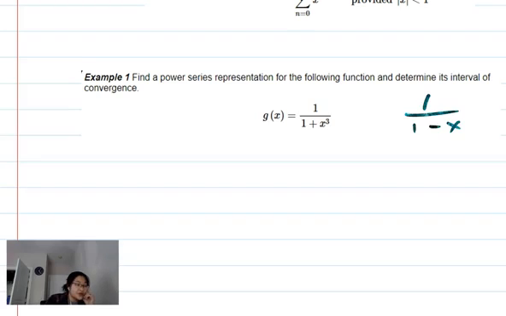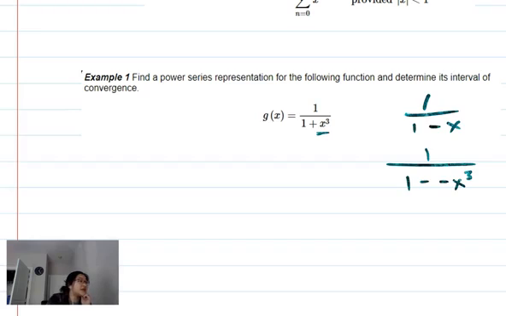So what we could do is we could say, okay, this is 1 over 1 plus x cubed, which is the same as 1 minus negative x cubed, right? Subtracting a negative is the same as addition. And now we have this difference, right?